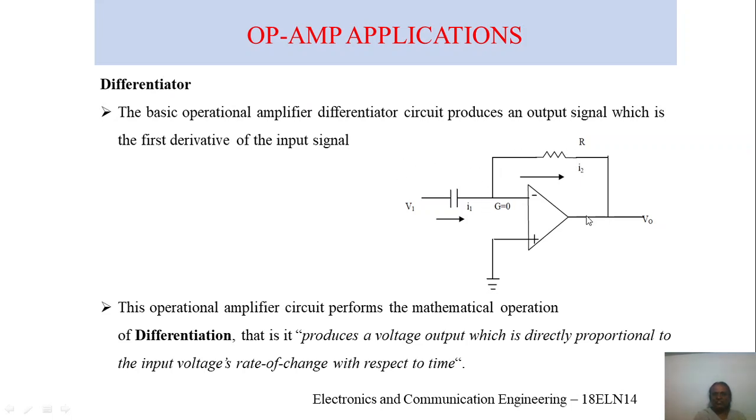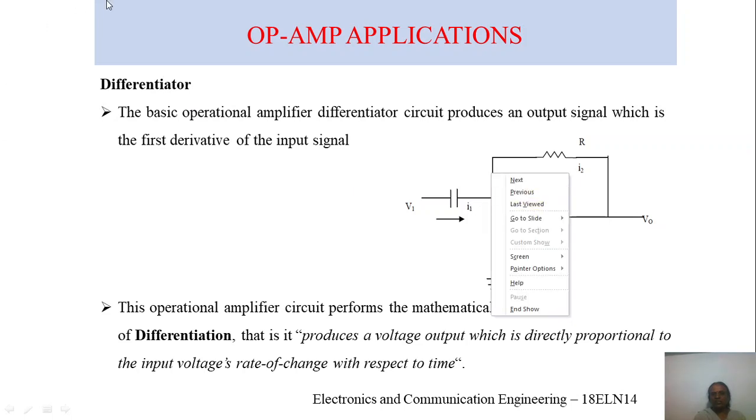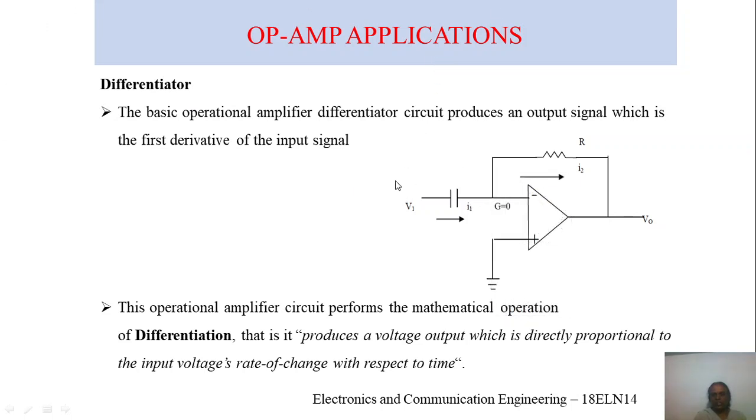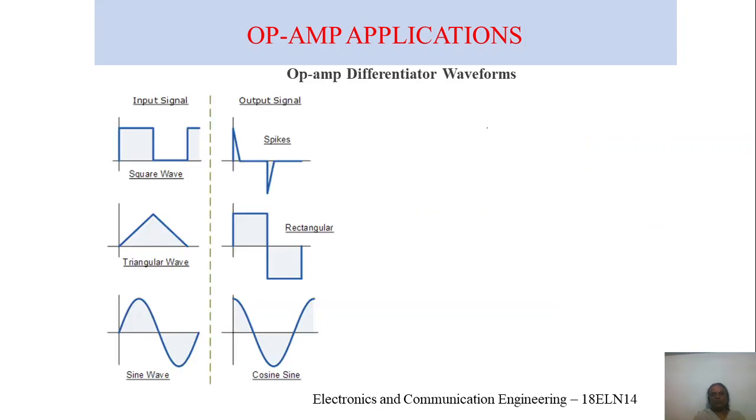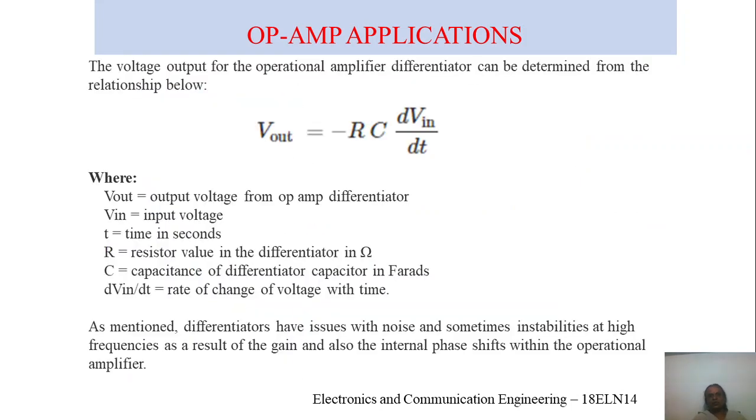In an integrator, the feedback is a capacitor, whereas in a differentiator the feedback is a resistor. And in an integrator the input is a resistor, whereas in a differentiator the input is a capacitor. The differentiator gives the first derivative of the input signal, whereas the integrator gives the integral form of the input signal as the output.